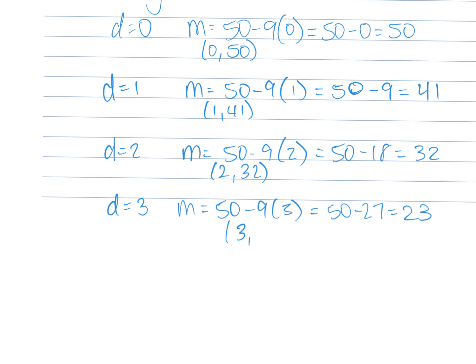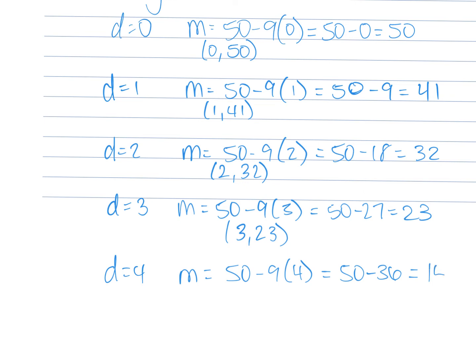Whoops, no, 23. 3 comma 23. Keep going. D equals 4. M equals 50 minus 9 times 4, which is going to give me 50 minus 36, which is 14. So my next point is 4 comma 14.